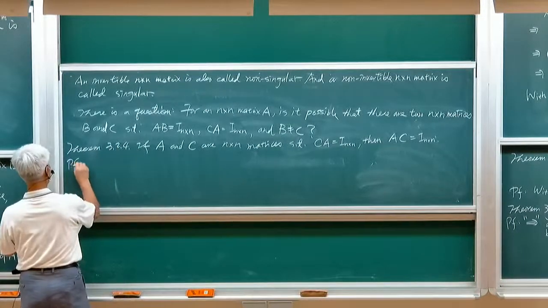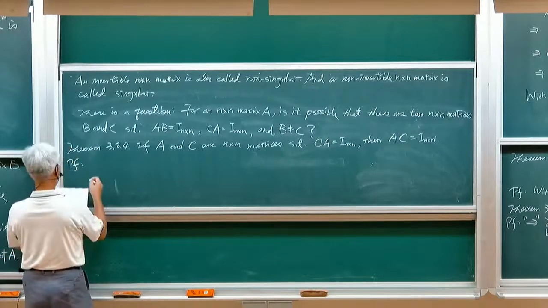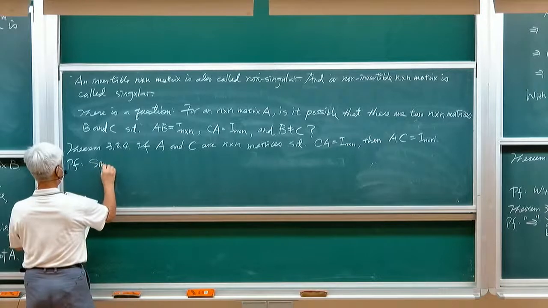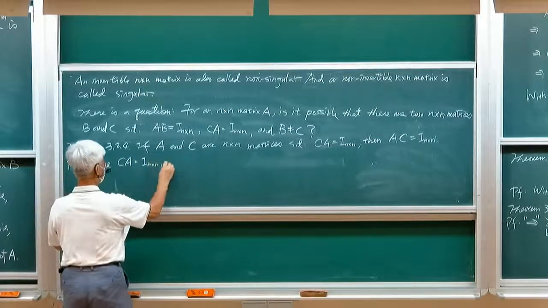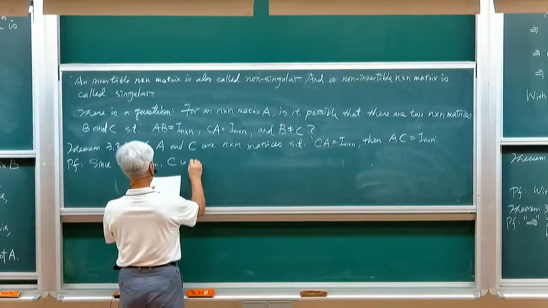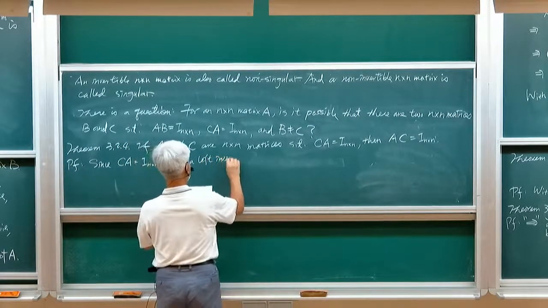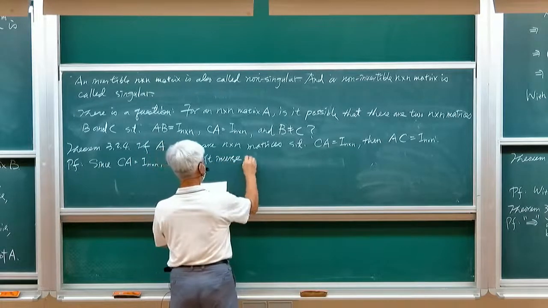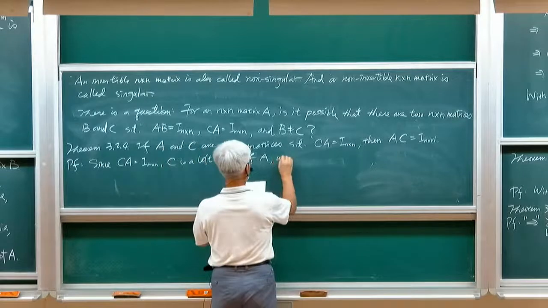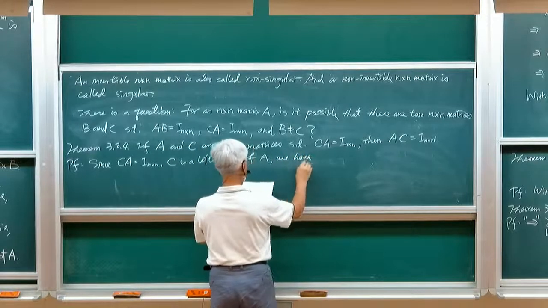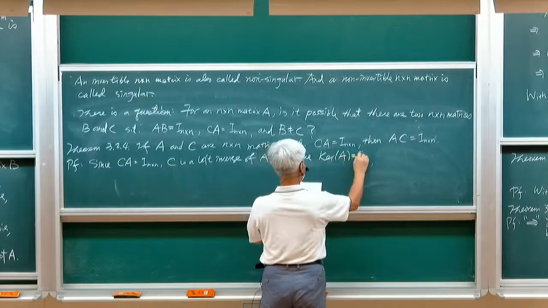All right, so let's give a proof of the theorem. Since CA equal to the identity, C is a left inverse of A, and we have that the kernel of A is trivial.